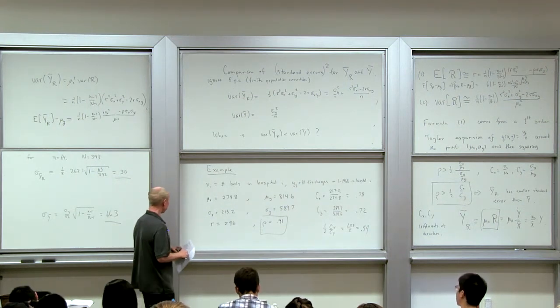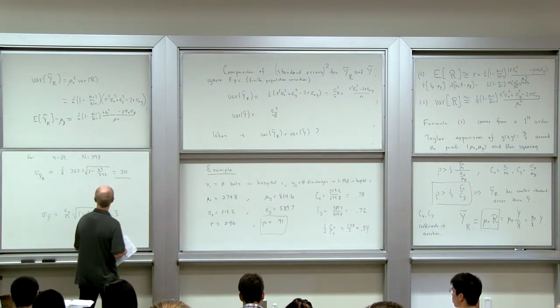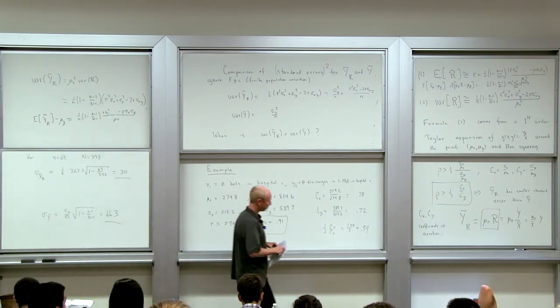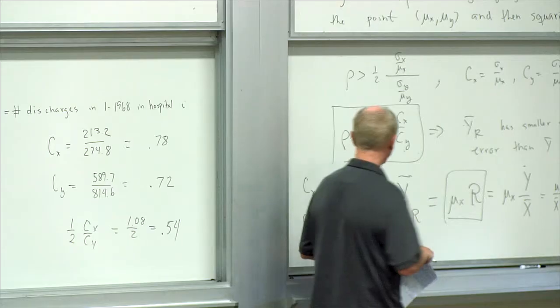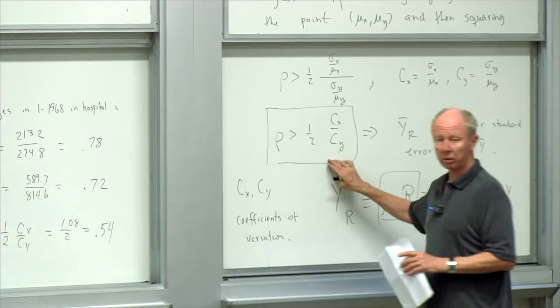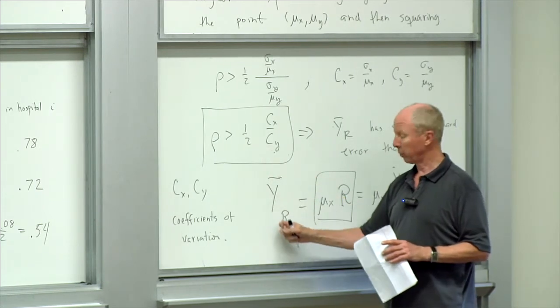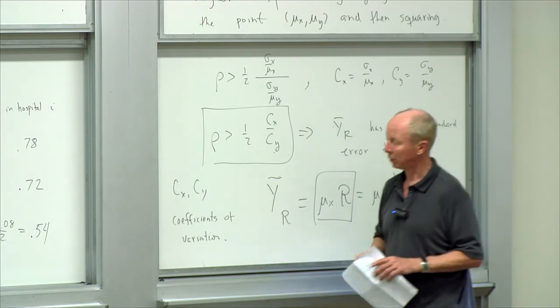And the other one was to estimate mu y using this ratio estimate y bar r here. And in the case where this is bigger than that, the standard error for this estimate was better than the standard error for using y bar.